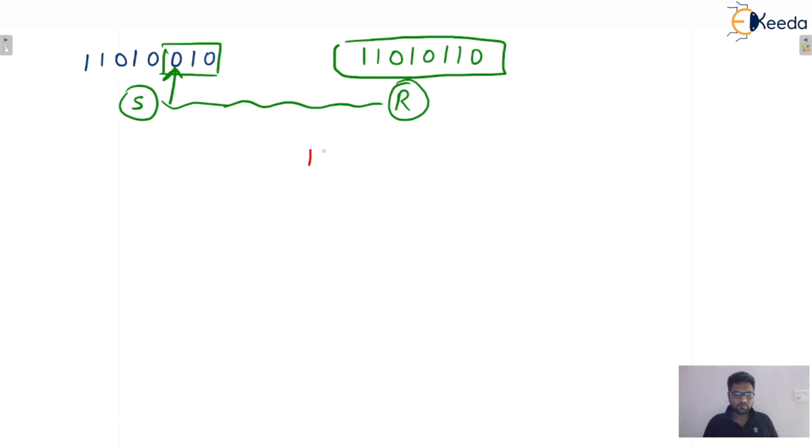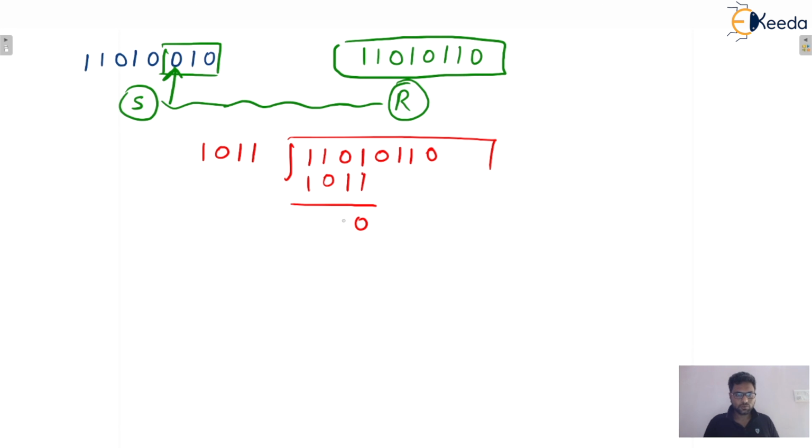Now the receiver will perform this calculation. That was the CRC generator 1011. So 1011, this is 0, this is 1 1. Then this is 0 and 0 1 1 0. So from the leading one, 1 0 1 1.